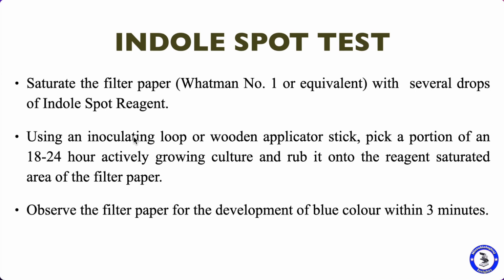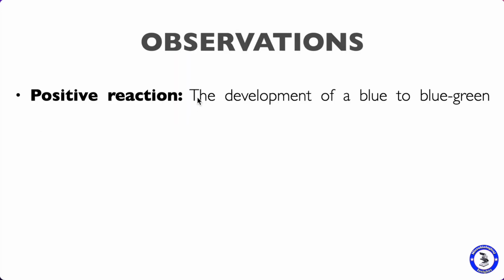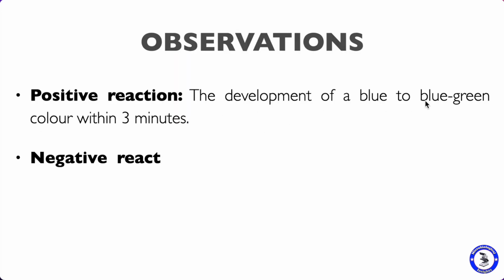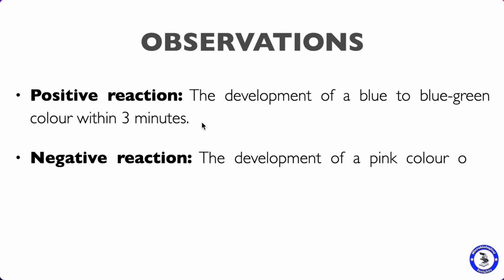Then with the help of an inoculating loop you pick a portion of the actively grown culture and rub onto the top of the reagent saturated area and wait for 3 minutes. If blue color develops within 3 minutes, it is positive for indole production. The positive reaction is the development of blue to blue-green color within 3 minutes.